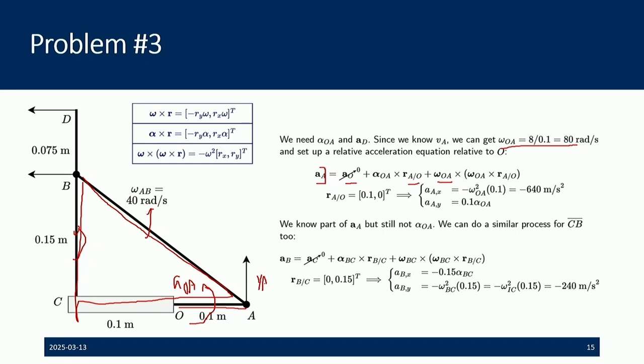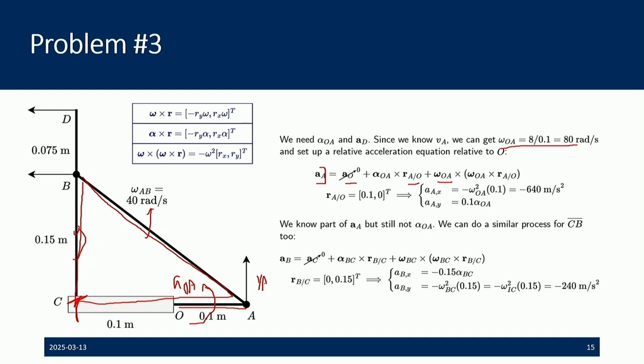So the acceleration y component is minus omega BC squared into 0.15, which is minus 240 meters per second squared. Okay, it's not the same as what happened between O and A. In O and A, it's a different rigid body, but here, because it's linked with the instantaneous center, you can count omega AB equals omega BC. That's why we can do that at this instant. Any questions about the motion of BC?